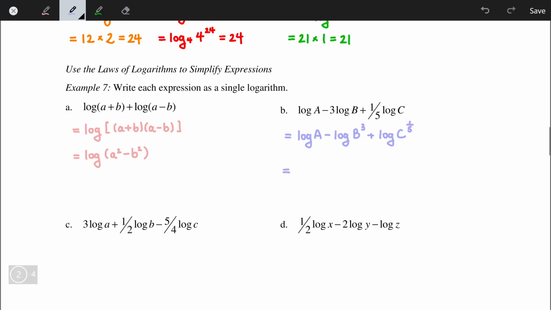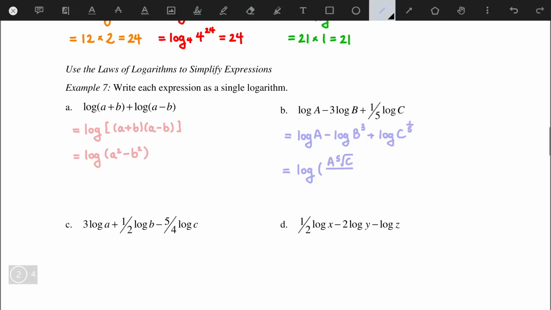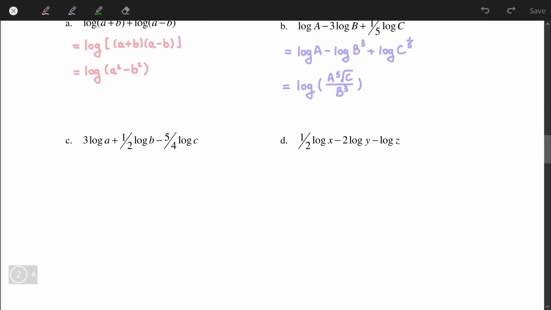And then we can write this expression as a single logarithm, and that will be log of a, and then the 5th root of c, all over b cubed. Sorry about that. There we go. Okay. So notice that was a combination of the power law, the product law, and the quotient law from before.